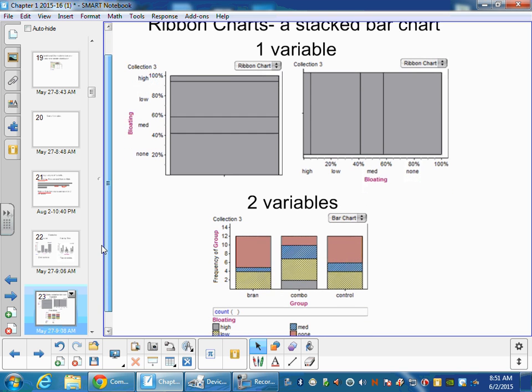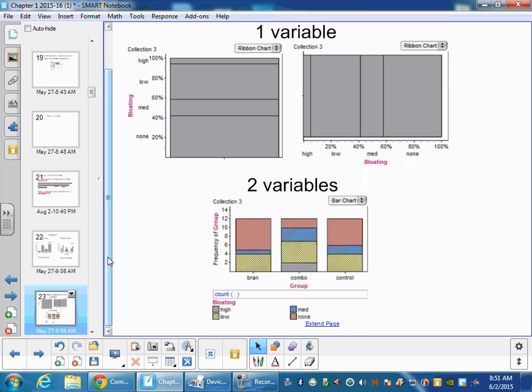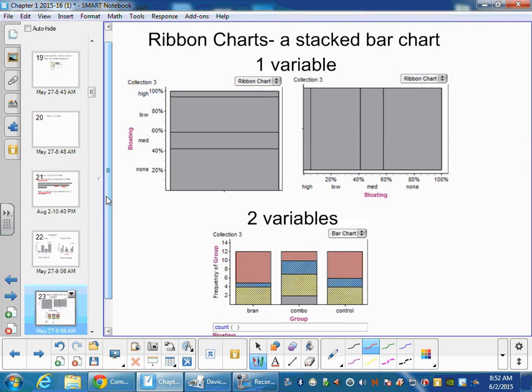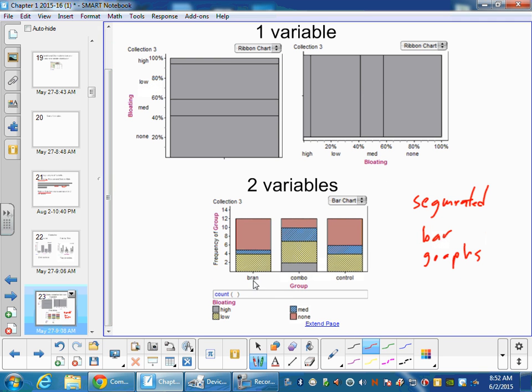Now, if I want to add another variable to that group, I can have two variables in ribbon charts. And sometimes these are also called segmented bar graphs. So what we have here is brand, combo, and control, and we have the distribution inside of here.